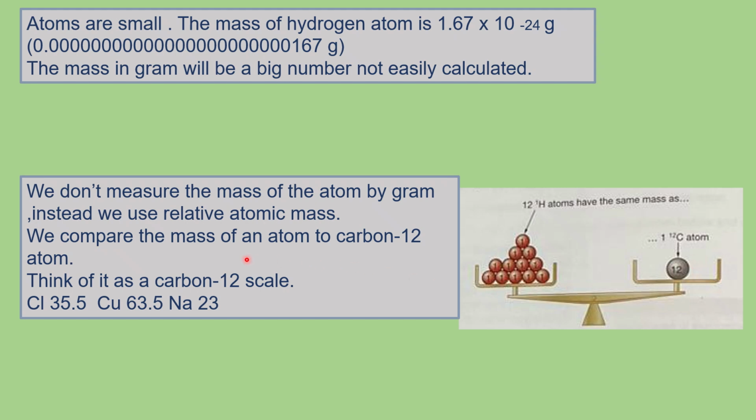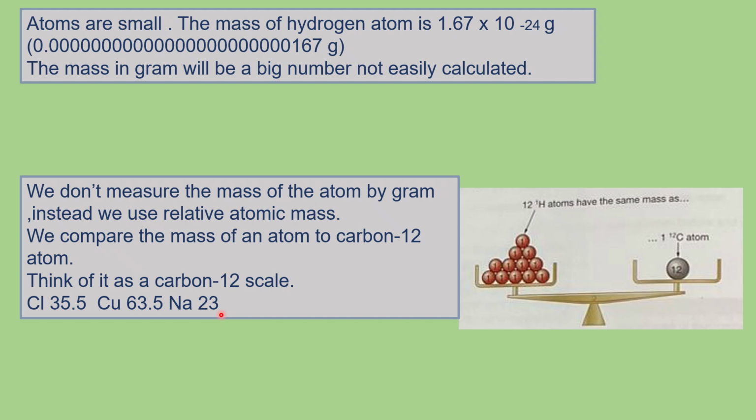So if you use a scale and compare the mass of an atom to carbon 12, you can say that the chlorine is 35 and a half, meaning it is 35 and a half times the weight of one hydrogen atom. The same with copper, 63.5 means it's 63.5 times one hydrogen atom, and the sodium is 23.